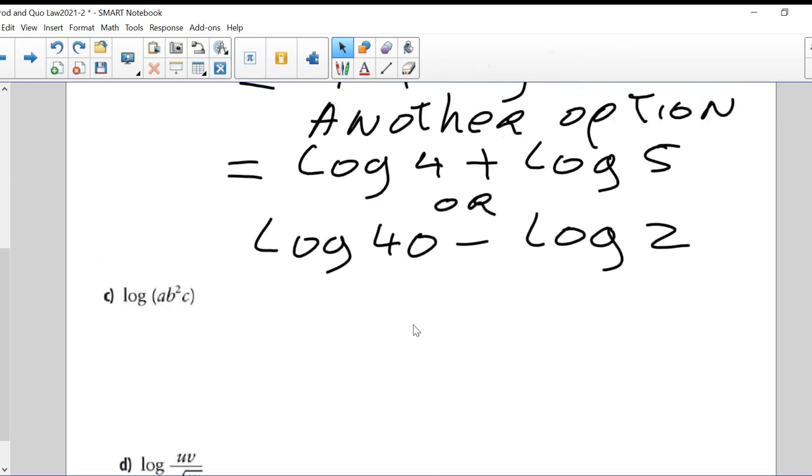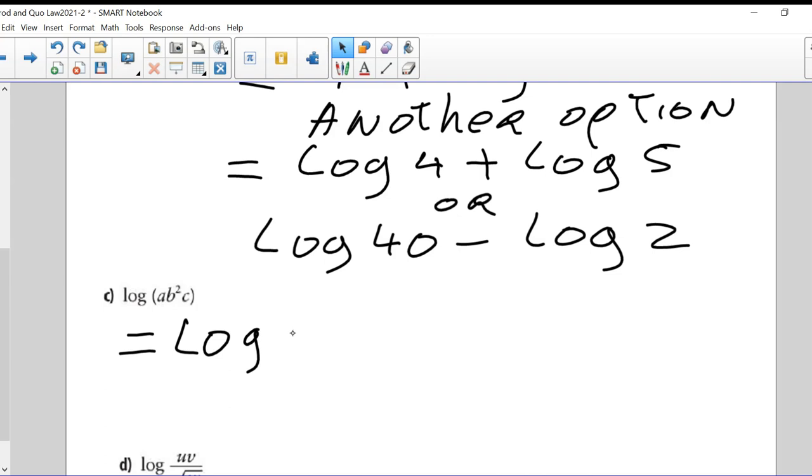The log of a b squared c. So give me some possibilities here. Log of ab plus bc. Interesting. That's certainly one possibility. Or how about we do this?